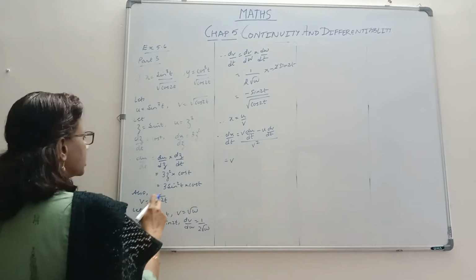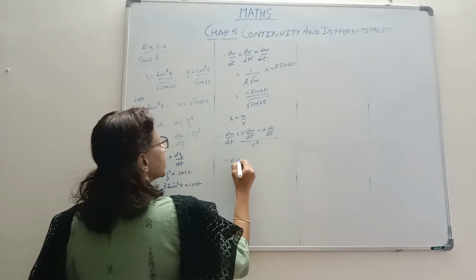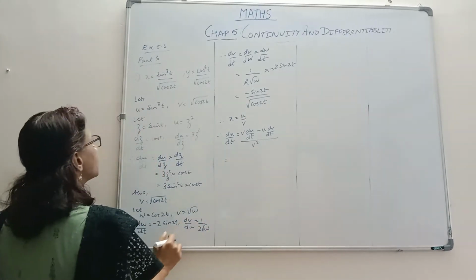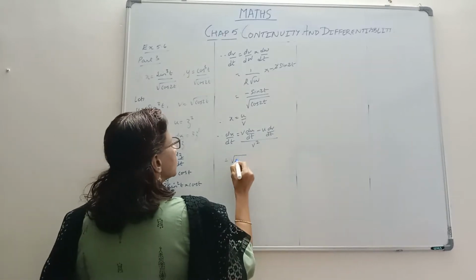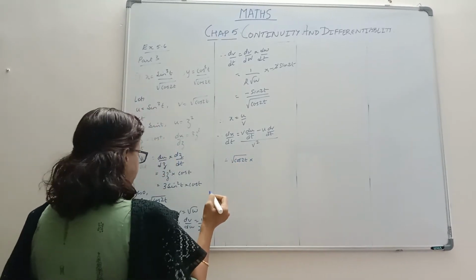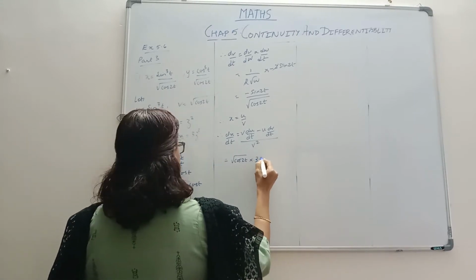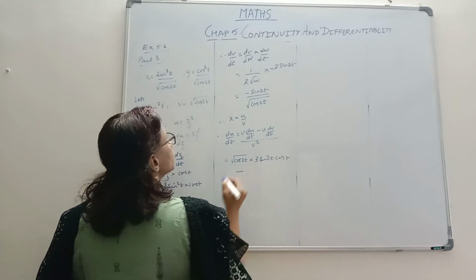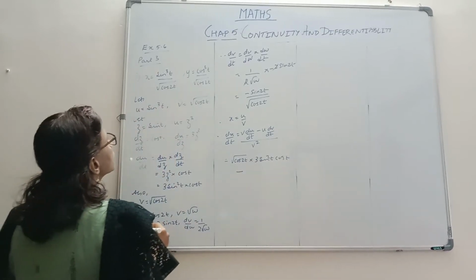What is our du by dt? Yes, 3 sin squared... no, v we won't get, that's unfair. Let's come back to v. It's root of cos 2t, into 3 sine square t cos t, and u is what? Sine cube t.